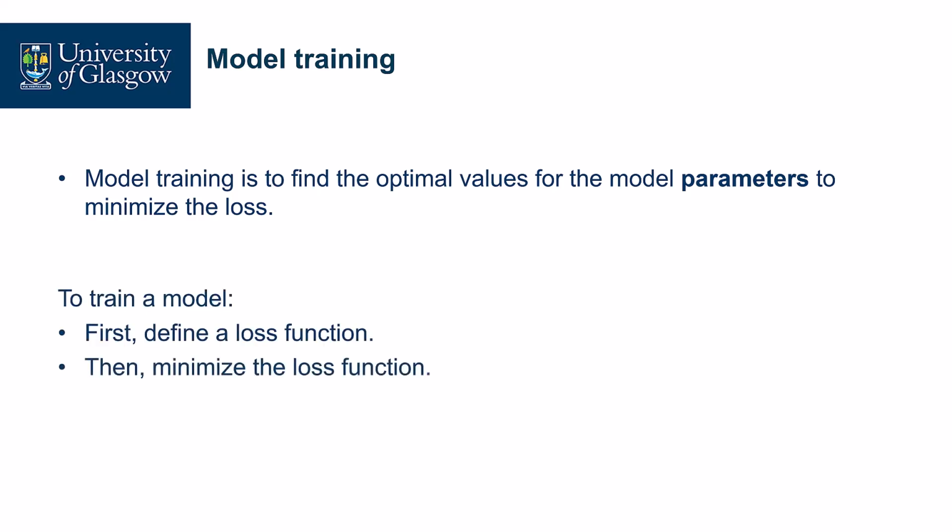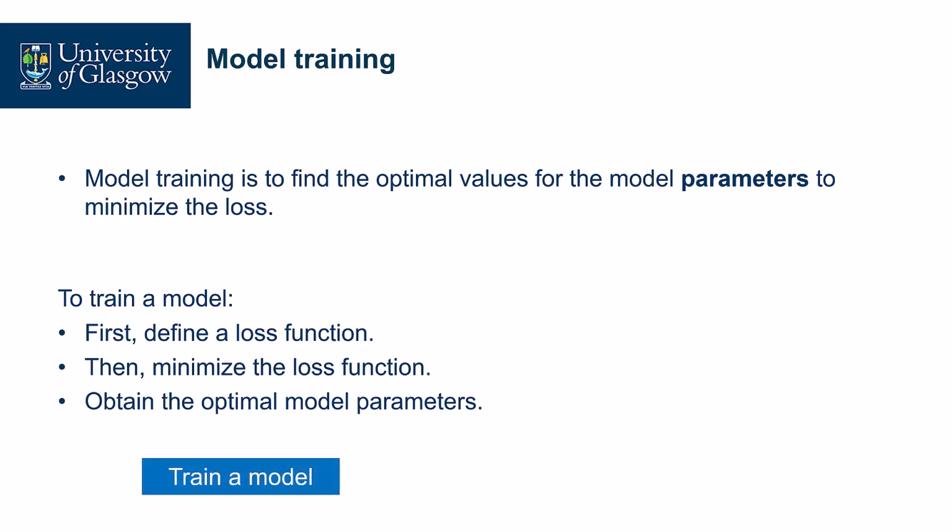Then we minimize this loss function and obtain the optimal model parameters. So we can say training a model is equivalent to minimizing the loss function. What really happens in model training is optimization, right? The optimization techniques we will introduce in later sessions. In this session, we will talk about three example loss functions.